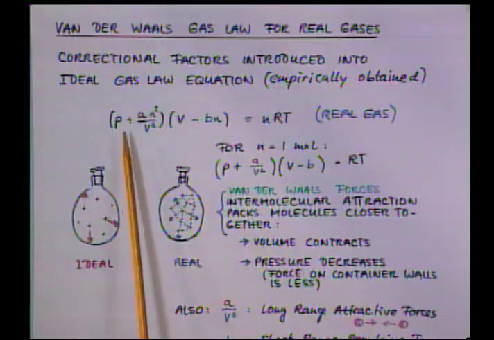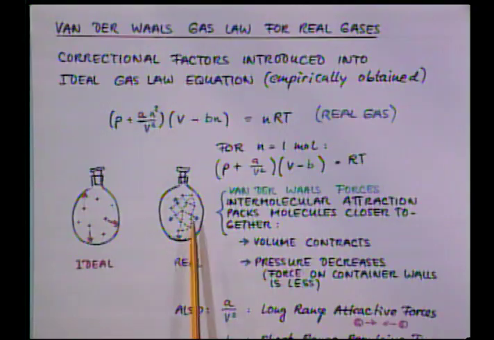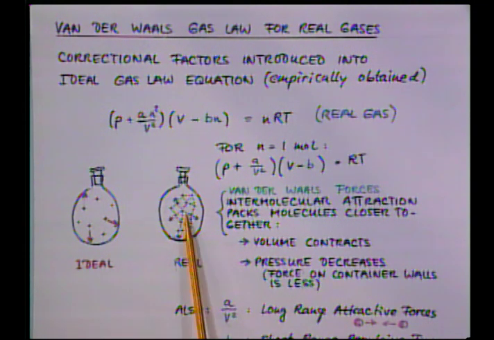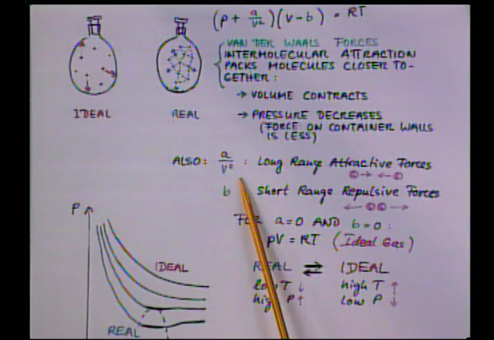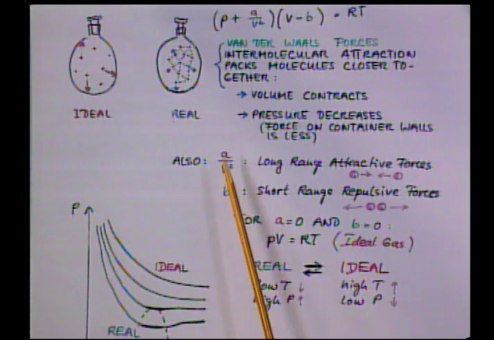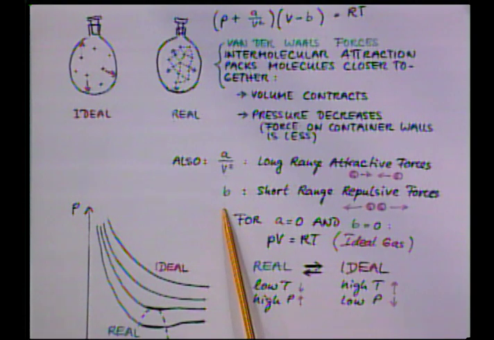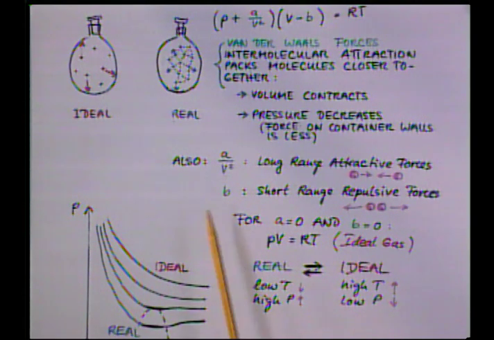But since the masses are bigger, there's sort of a compensation for the lower velocity that is related to the increase in charge. So we can say a over V squared is the correctional factor for the pressure, and b is the correctional factor for the volume.